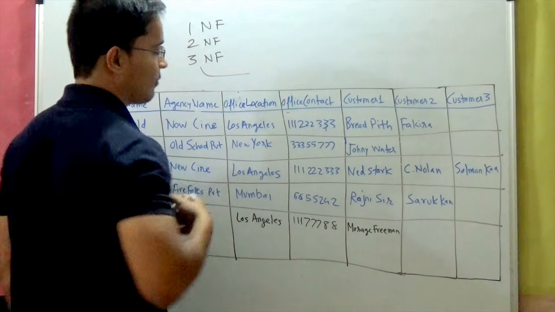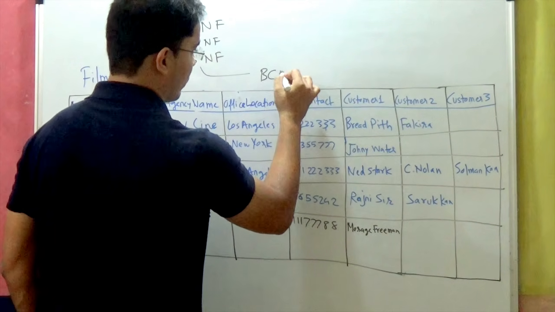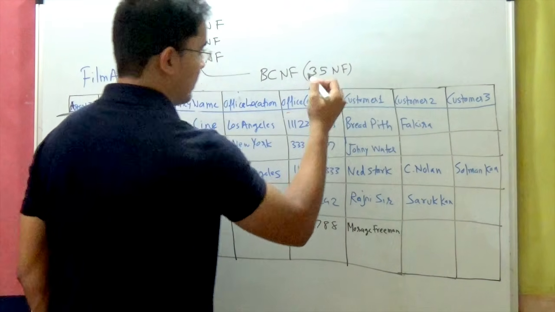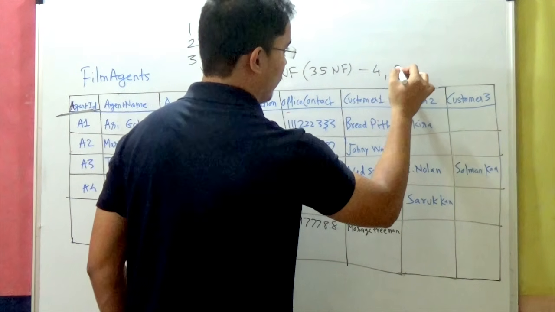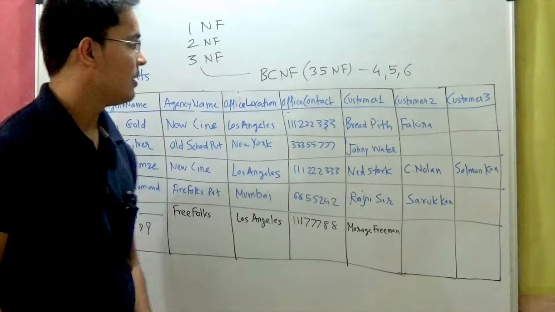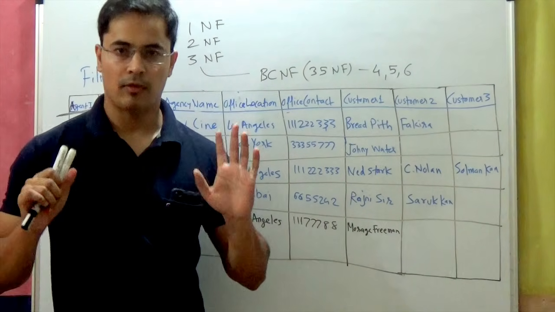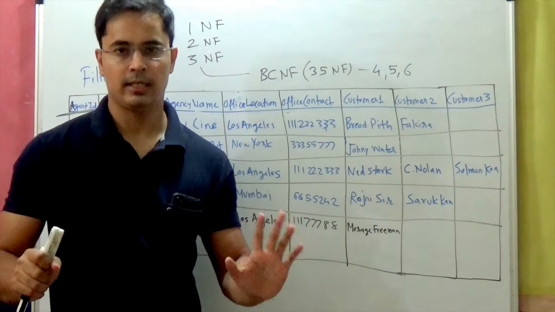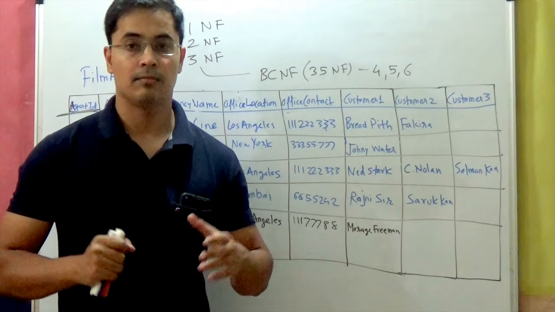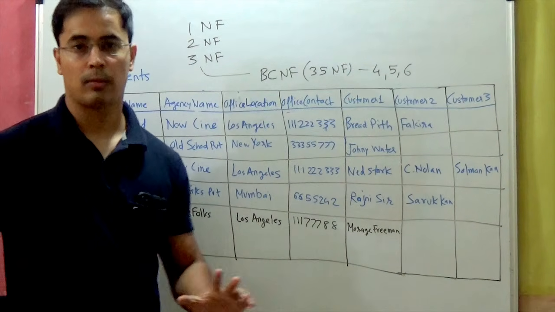Apart from that, there are also a few more normal forms such as Boyce-Codd normal form, fondly called 3.5 normal form, and I guess there are 4th, 5th, and 6th normal forms also. But it is generally said that if your database is in 3rd normal form, it is sufficiently normalized for any relational database management system based business application. So we will study normalization till 3rd normal form.